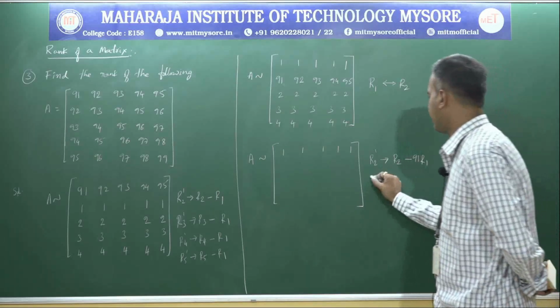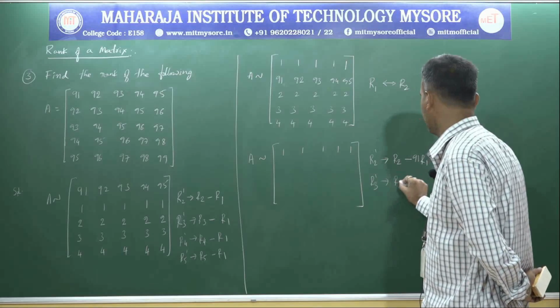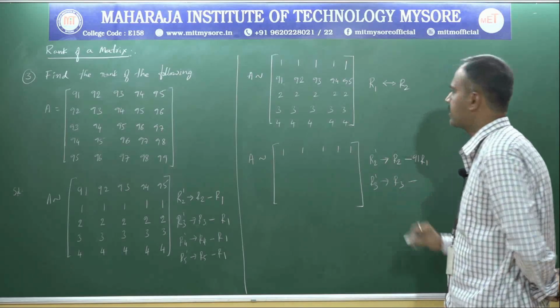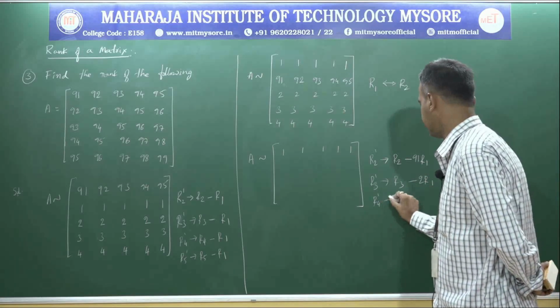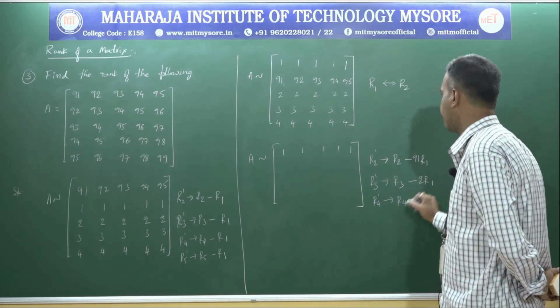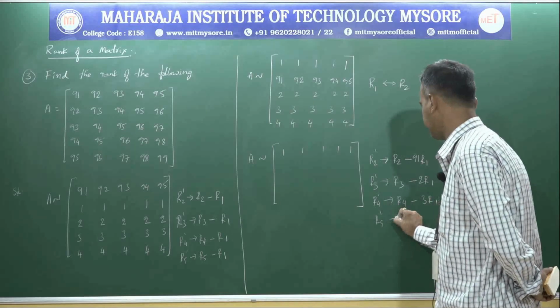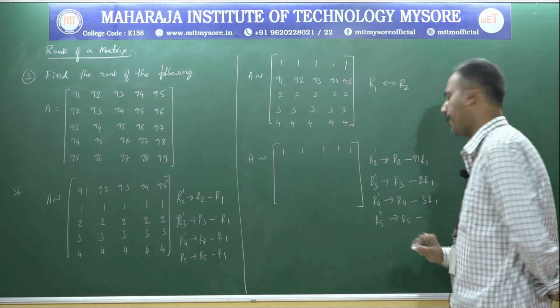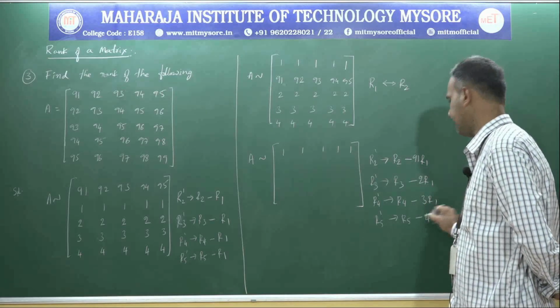Likewise R3 dash is R3 minus 2 into R1, R4 dash is R4 minus 3 into R1, R5 dash is R5 minus 4 into R1 here.